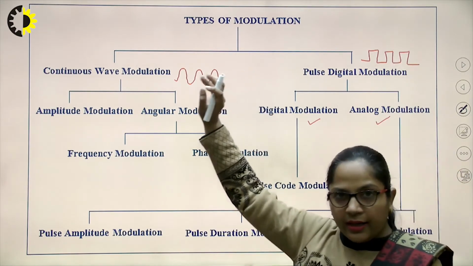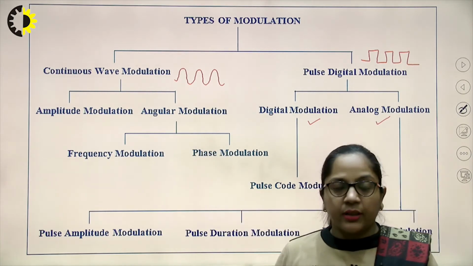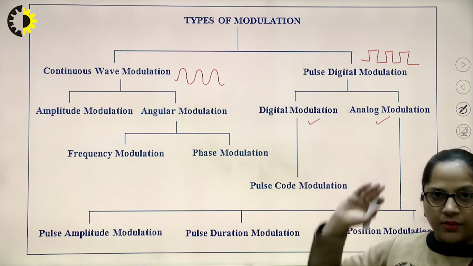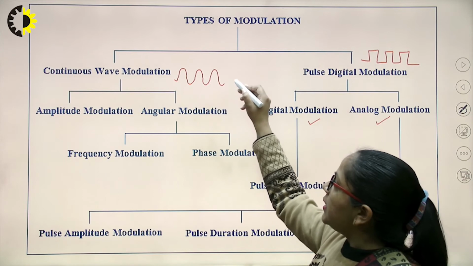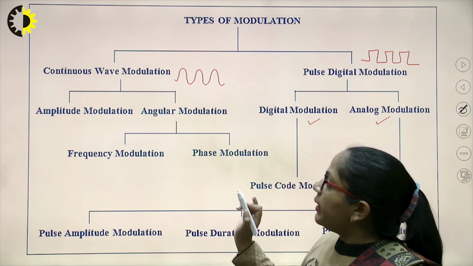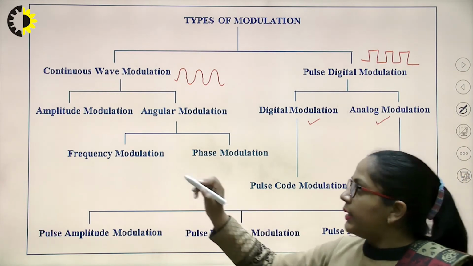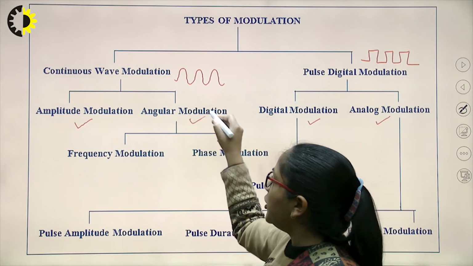First we will see what the types of modulation are if the carrier is a continuous wave signal. If our carrier is a continuous wave signal, then we can categorize our modulation further into two categories, that is amplitude modulation and angular modulation.